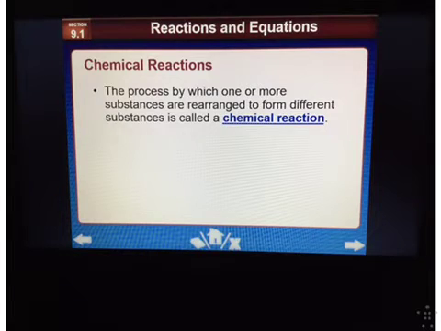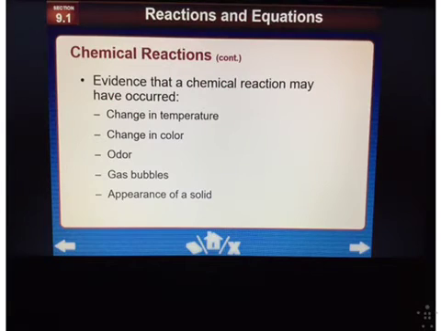So, chemical reactions are just the process by which one or more substances are rearranged to form different ones. And just as a review, I went ahead and put in this video evidence that a chemical reaction may have occurred. We talked about this throughout the year already when we were all together.